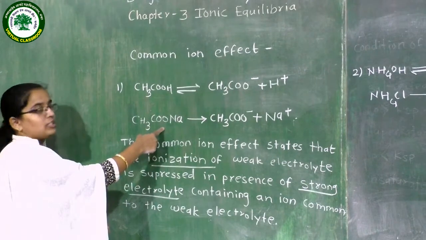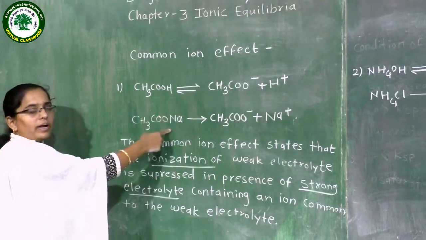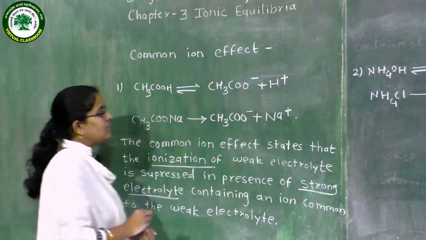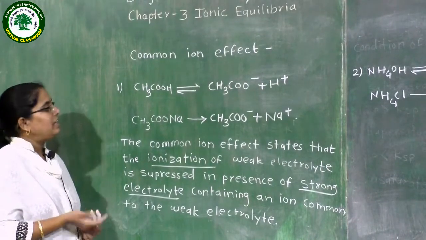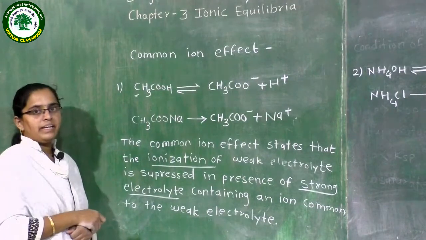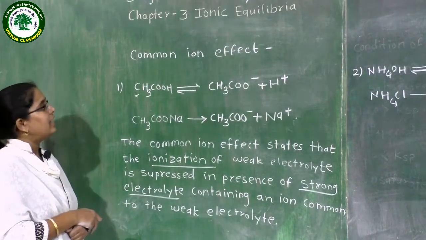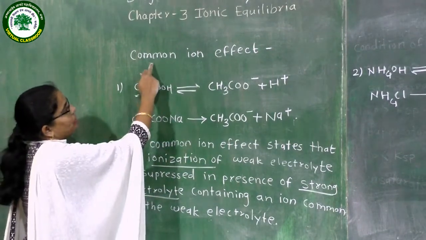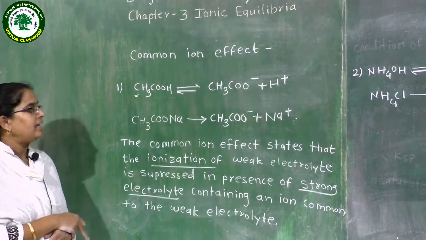Sodium acetate is a salt of weak acid and strong base, which is a strong electrolyte, forming CH3COO- plus Na+. If these two solutions are mixed with each other, the dissociation of the weak electrolyte is suppressed due to the presence of the strong electrolyte, that is, suppression due to the presence of a common ion. The effect is called common ion effect.